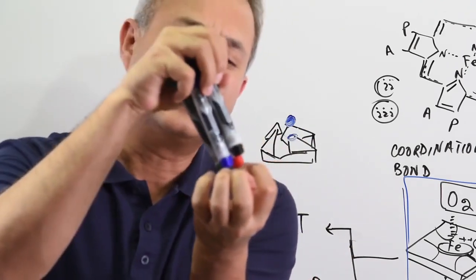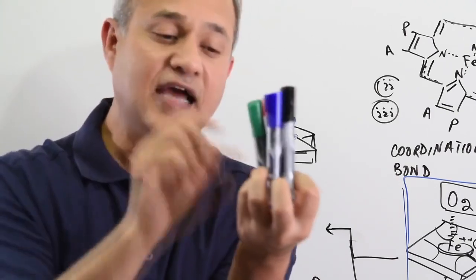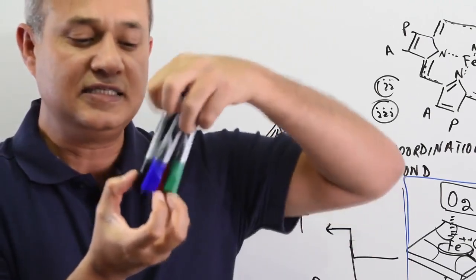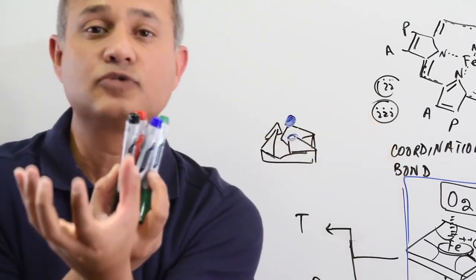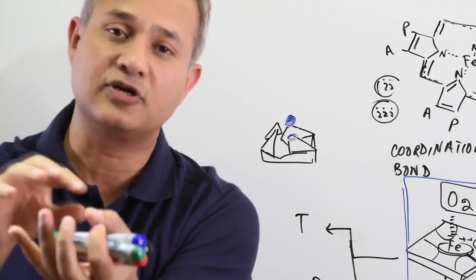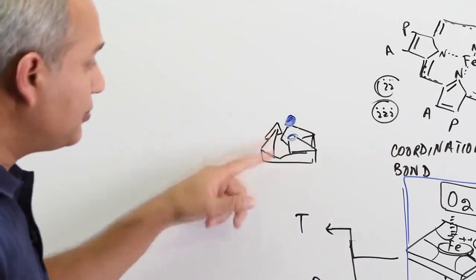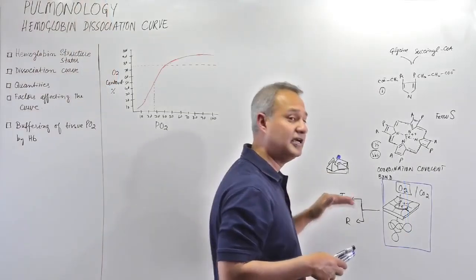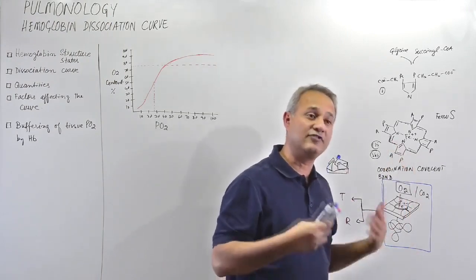So it is relatively more difficult but easier than the first one to attach. When that second one gets attached, the third one becomes more open, and it is easier to attach the third one. And when the third one attaches, the fourth one becomes totally open, and it is easier to put the oxygen in it and even remove it from it. This flexibility of the hemoglobin protein is why hemoglobin is called the most flexible protein in our body.